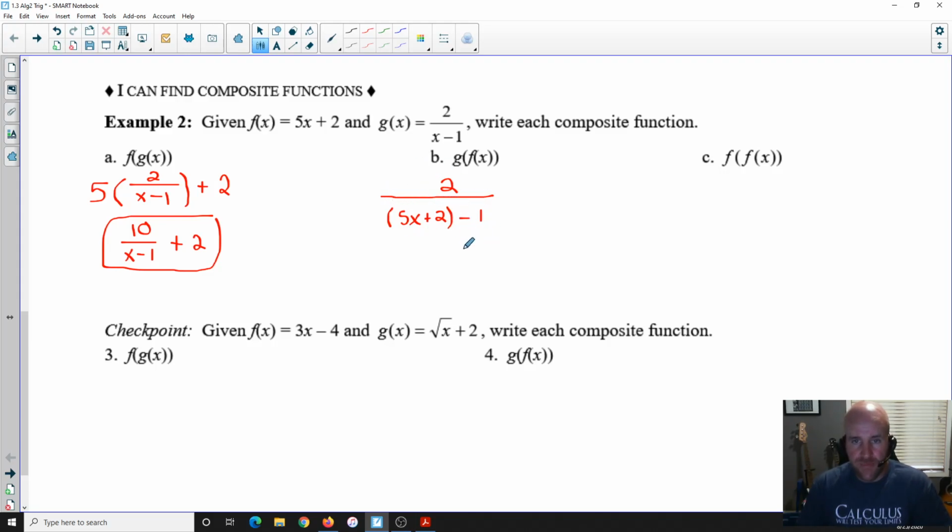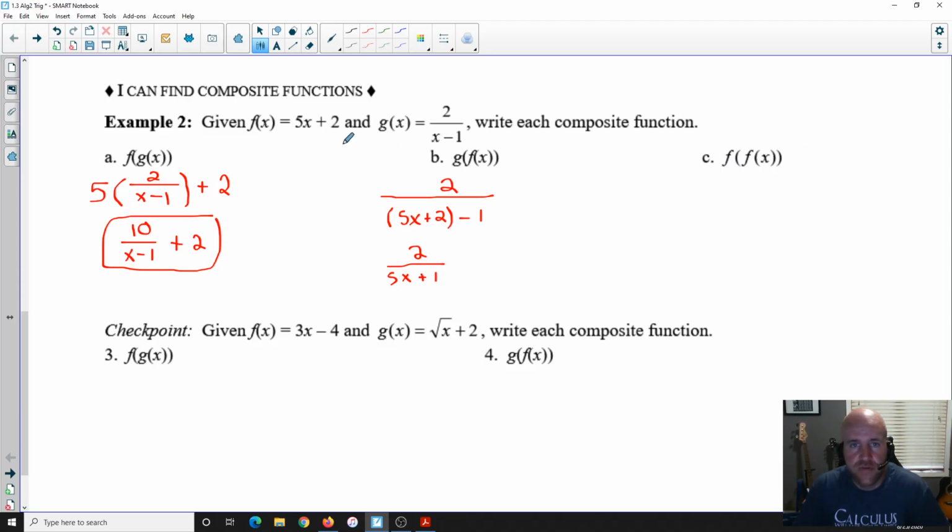Now we can simplify the bottom a little bit, but can't do a whole lot after that. So 5x plus 2 minus 1, well, these go together. These are like terms. So the parentheses in this case are kind of unnecessary. But I want you to be in a good habit. So 5x plus 1 all underneath 2. That would be your answer.